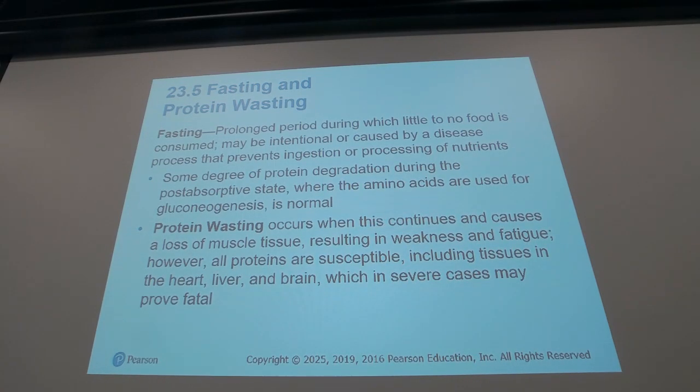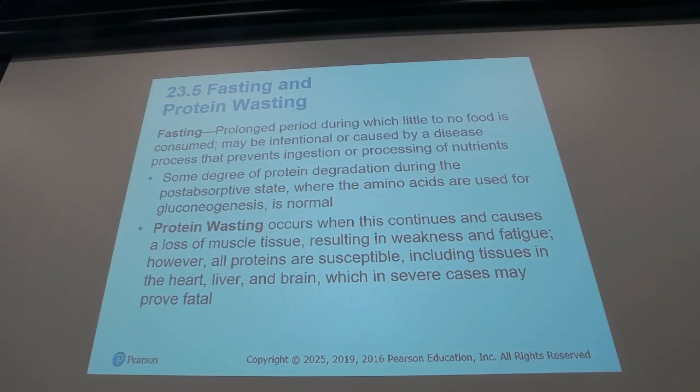Now, fasting is a prolonged period during which the person does not eat as much or does not eat anything at all. And this, if it's running in the long term, is going to lead to problems. Why? Because, of course, during fasting, we will start using not only the glycogen and the lipids, but we are going to start using our proteins.